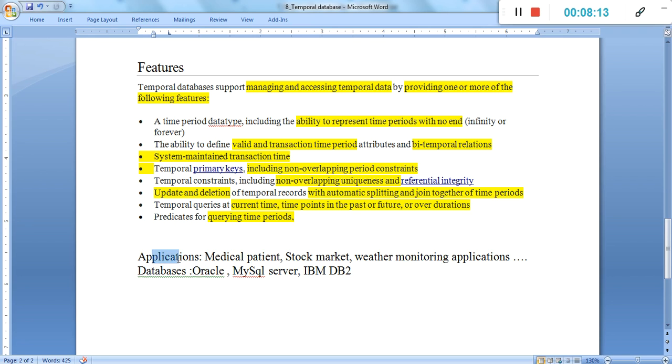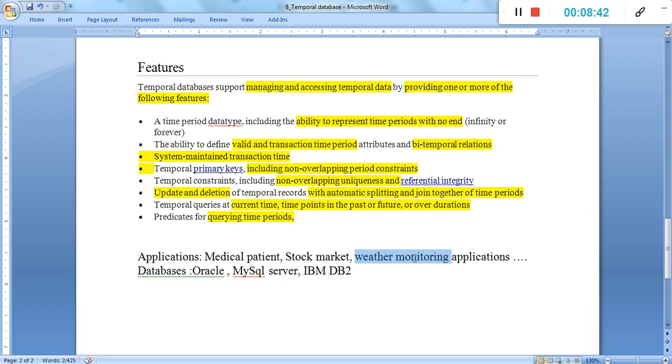Now the applications. A medical patient record has the history of a particular patient, containing all the detail about the patient with a five-year history. That is simply temporal data. Stock market has all the details about one share, with more than a year of daily prices related to that share.